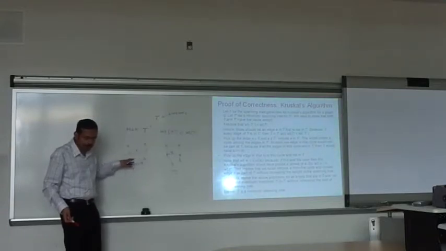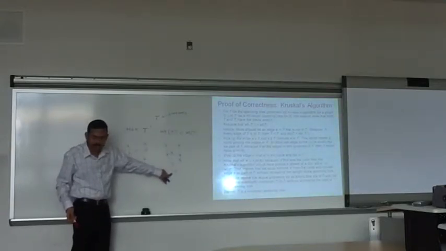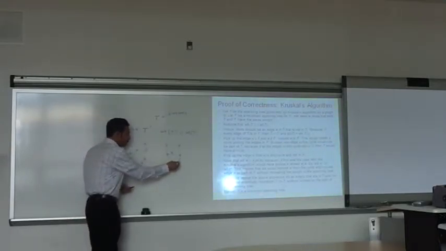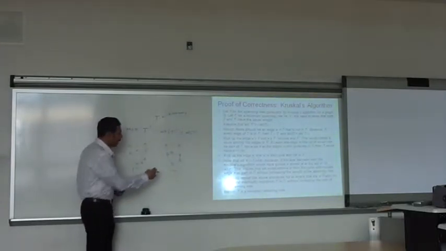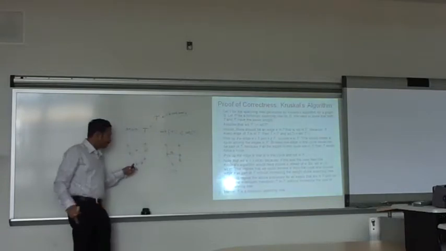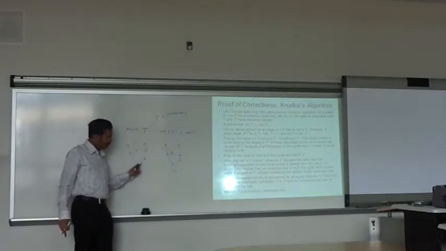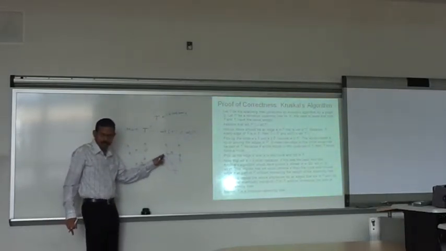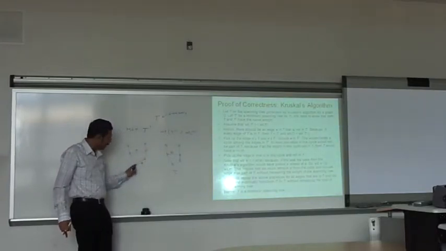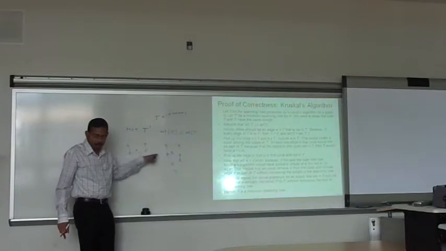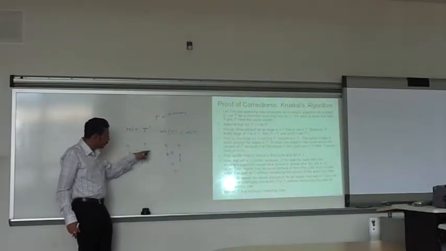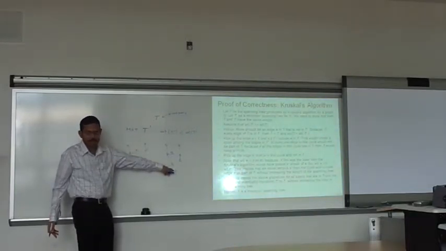If all these four edges are in this tree, they're going to have a cycle. So there should be at least one edge that is in this tree T prime and not here, because if all those edges in this cycle are in this tree, you're going to have a cycle here. And this is not a cycle, this is a tree.